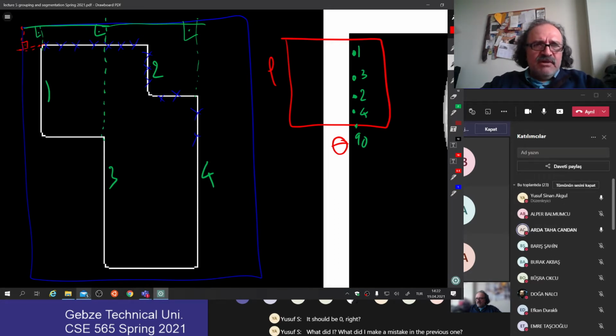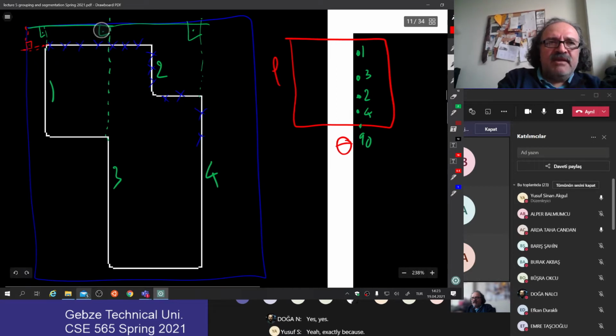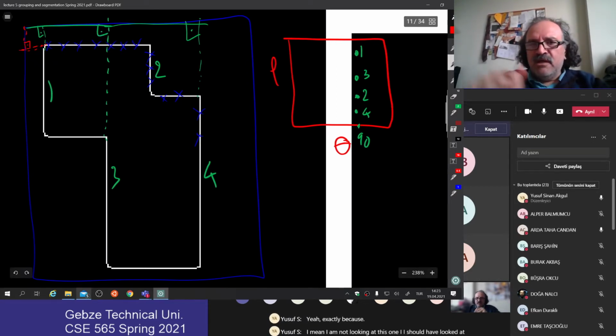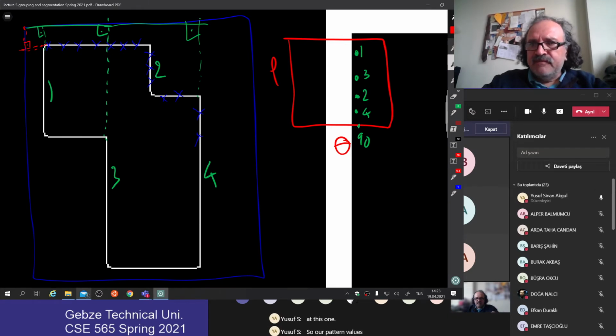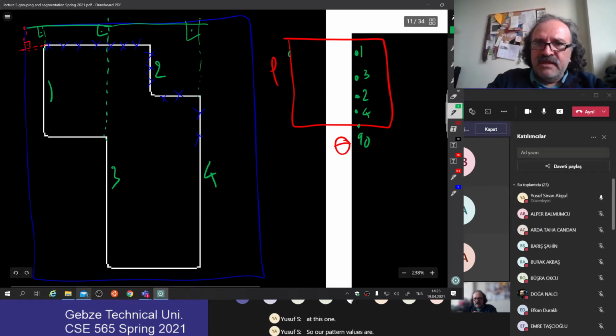Our theta values are 0, right? Yes. Because I was not looking at this one. I should have looked at this one. So our theta values are 0, so I am going to do this one and this. So this is 1, 3, 2, 4.